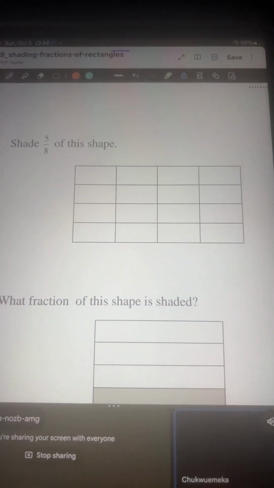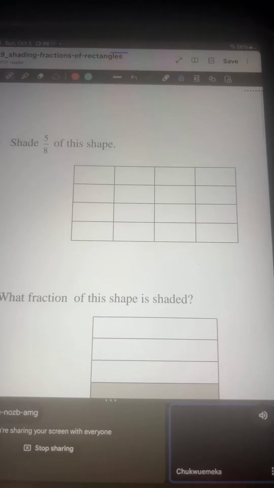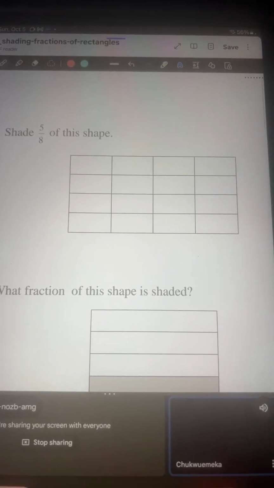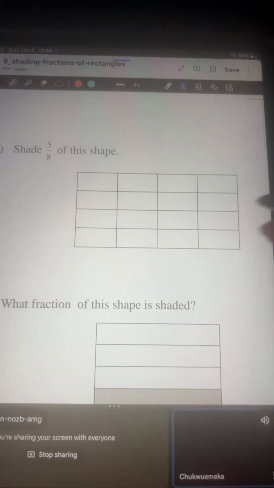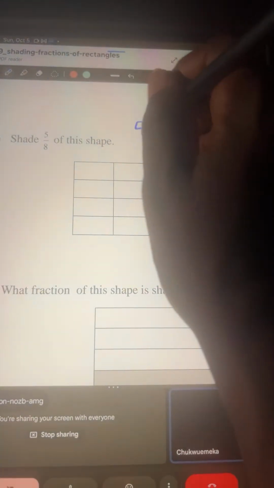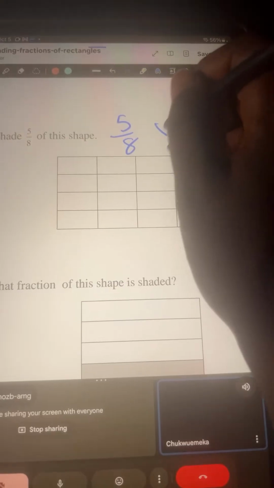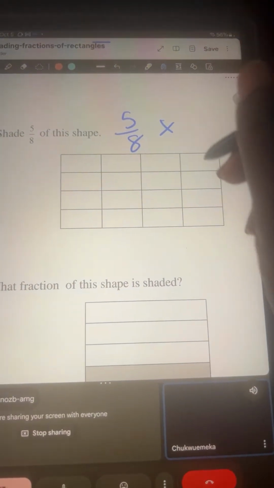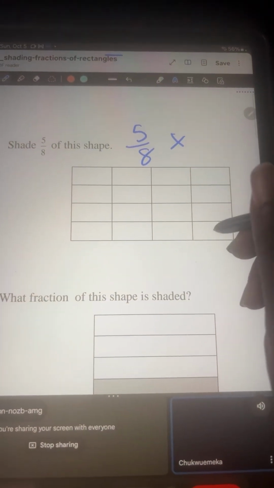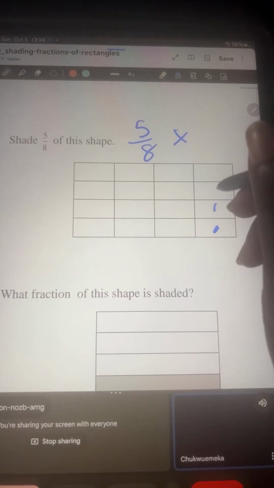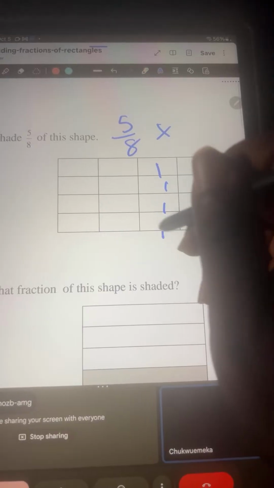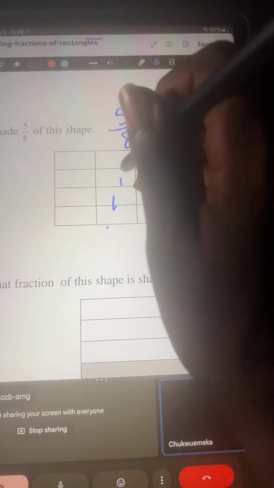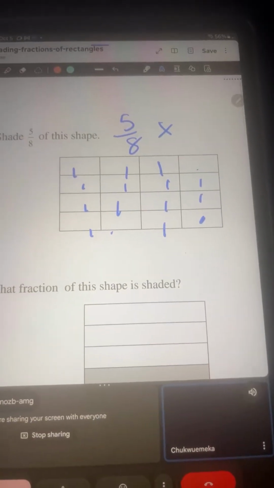If you look at the next one, it says we should shade 5 over 8 of this shape. 5 over 8 means 5 over 8 multiplied by how many pieces are there? How many small pieces? 1, 2, 3, 4, 5, 6, 7, 8, 9, 10, 11, 12, 13, 14, 15, 16, right?